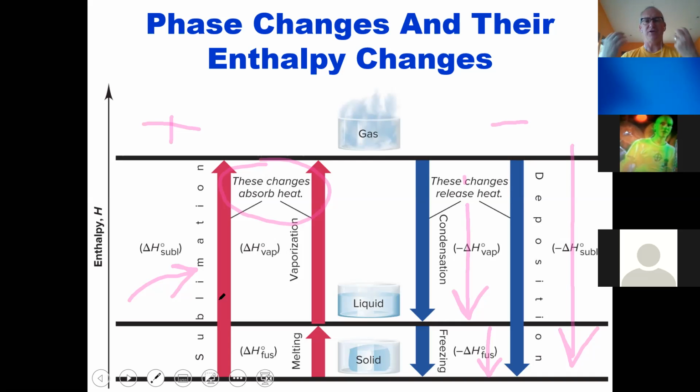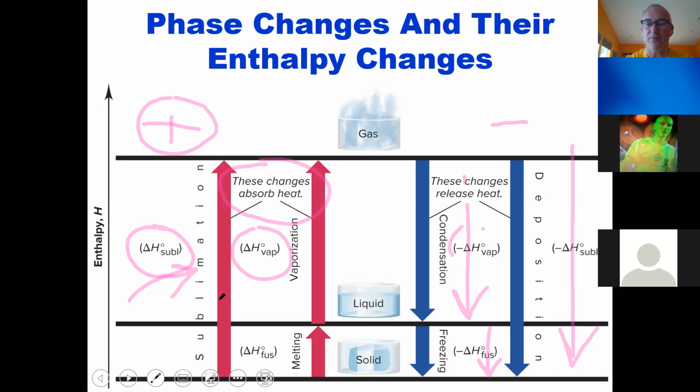And so when the energy leaves, obviously now there's less kinetic energy than there was before. So the molecules that were moving quickly are now moving more slowly, and you change the phase. So delta H for sublimation and delta H for vaporization are going to be positive.